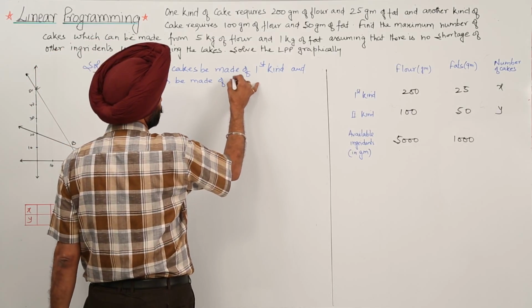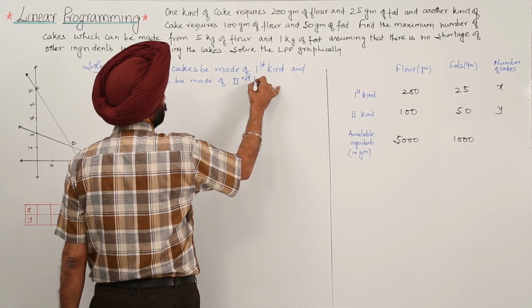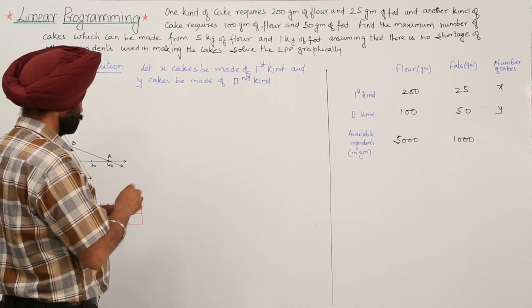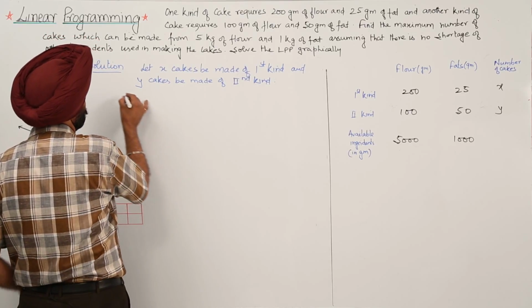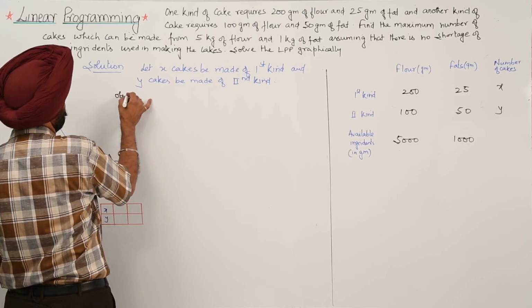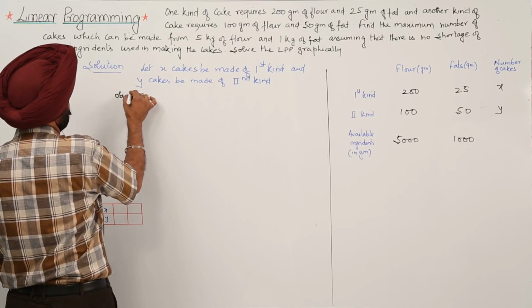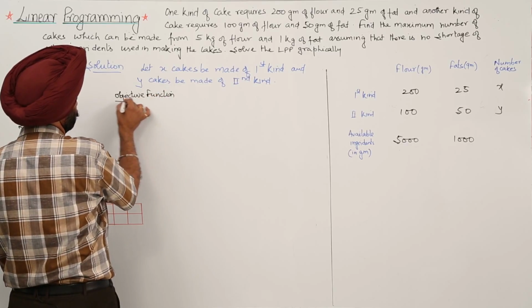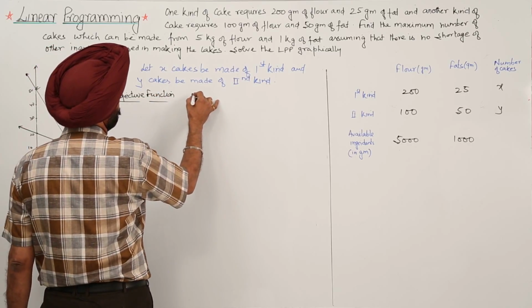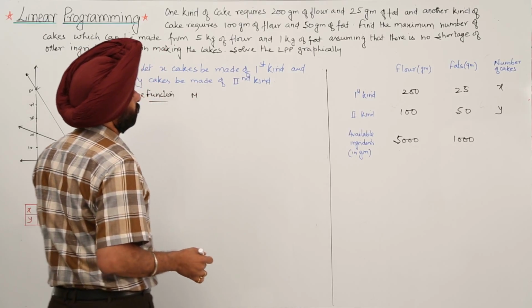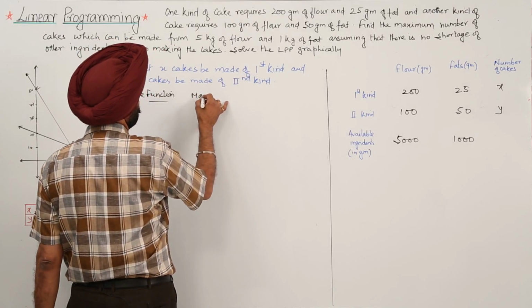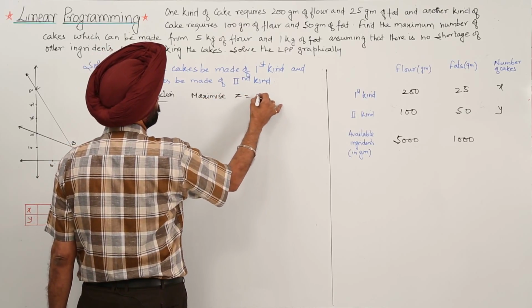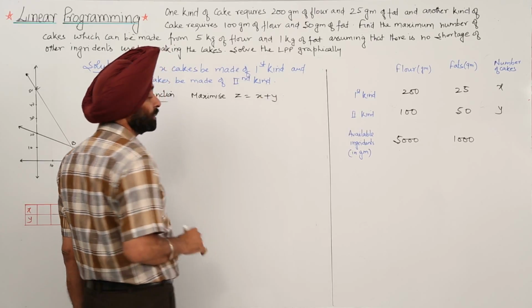Now the objective function, maximum number: maximize Z is equal to X plus Y. How many cakes can we make?